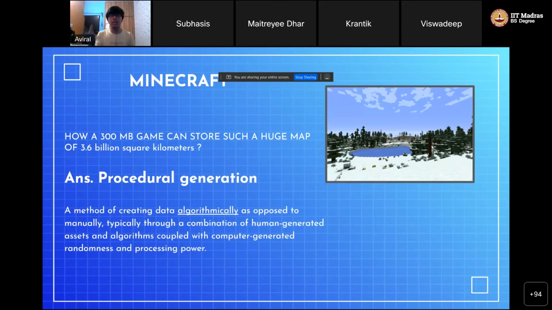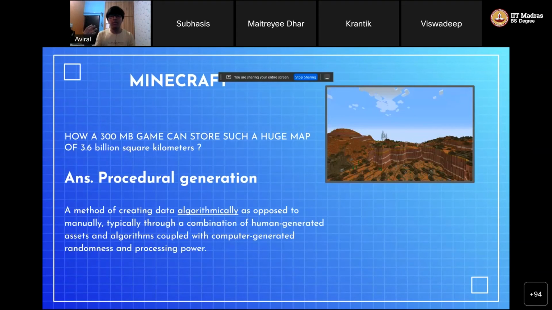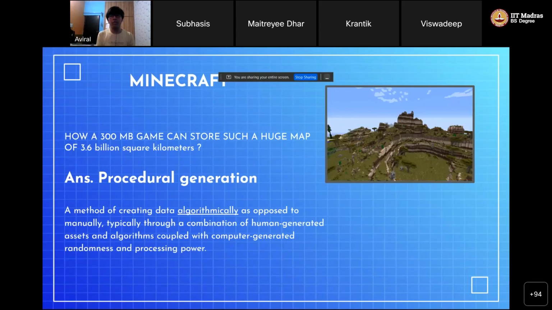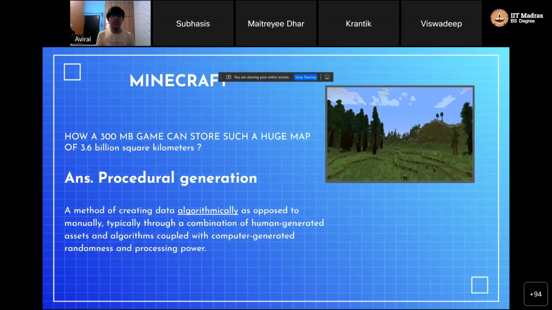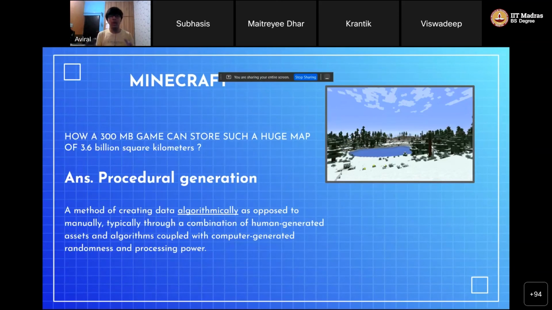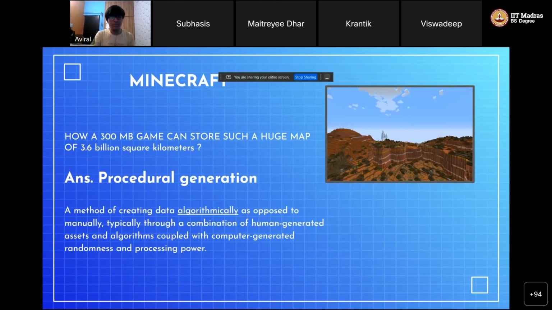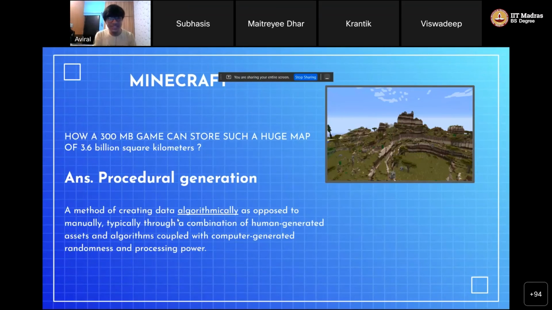It is also used in animation movies. If you want to put in a tree, or a lot of trees, you would have to make a detailed view of all the branches. But with procedural generation, we can put in a small algorithm and it will do it on its own instead of doing it manually, which would take a lot of time.